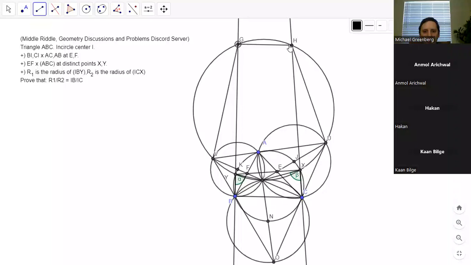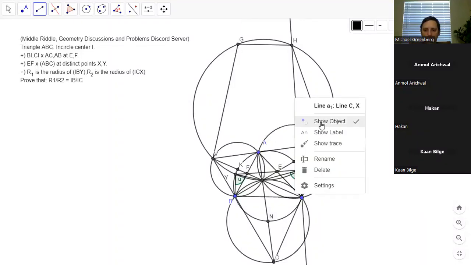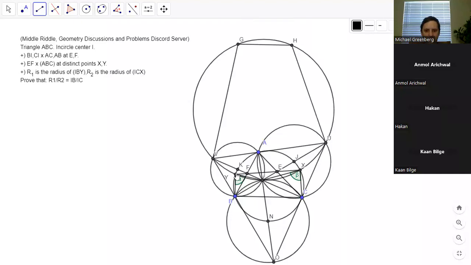So to show HUI is equal to GVI, we will prove that GVB is equal to HUC, since BVI and IUC are equal. Okay, so GVB equals HUC.